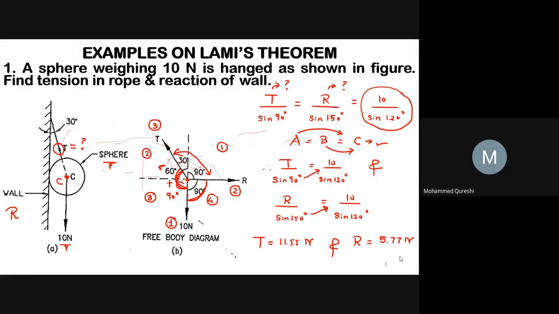We had discussed in the previous lecture also that if three coplanar forces act at a point in equilibrium, then each force is proportional to the sine of the angle between the other two. So after applying Lami's theorem, you have to calculate the unknown values required for the particular example.